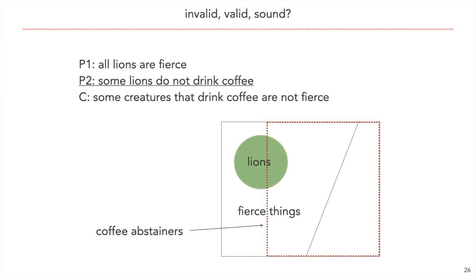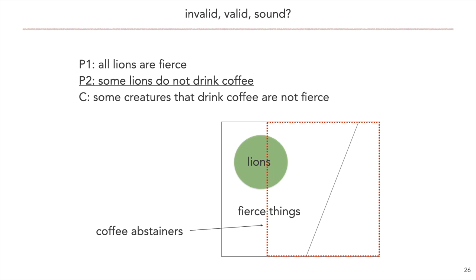You can see that this is a situation in which some lions do not drink coffee, and yet some creatures that drink coffee are not fierce is false. It's not true that some creatures that drink coffee are not fierce. All the coffee drinkers are to the left of that dotted red rectangle, and they're all fierce.